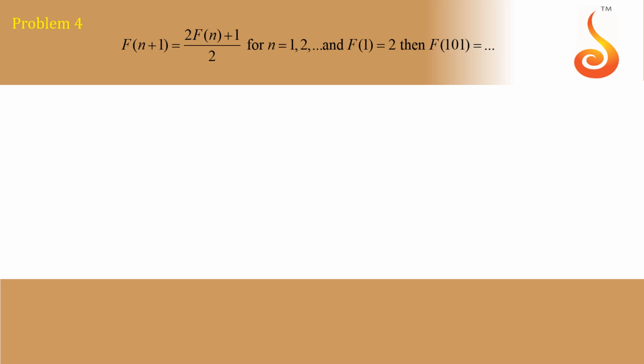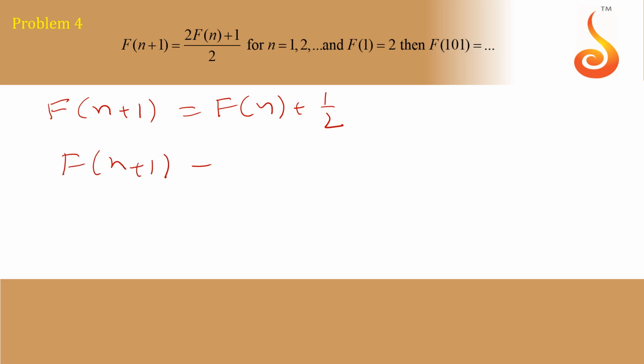Problem number 4, if you look at that problem, you will feel that it's a functional equation. But it's a very simple question, very, very simple actually. Sometimes the questions will be very easy, but we think too much about them. So if you observe carefully, f of n plus 1 equals f of n plus half. So f of n plus 1 minus f of n will be half.